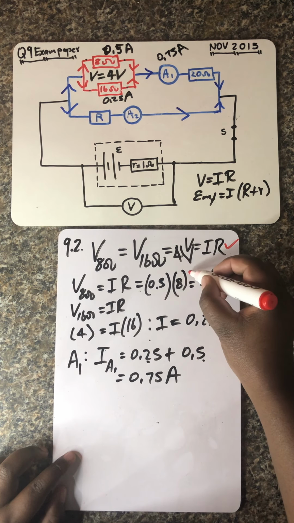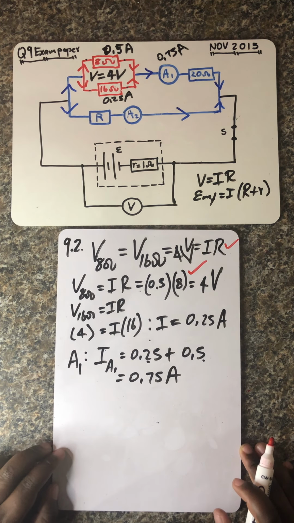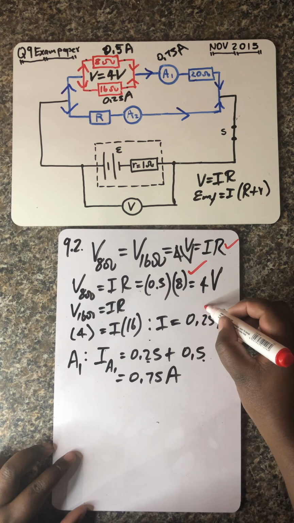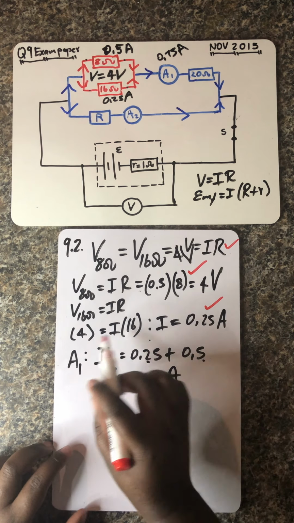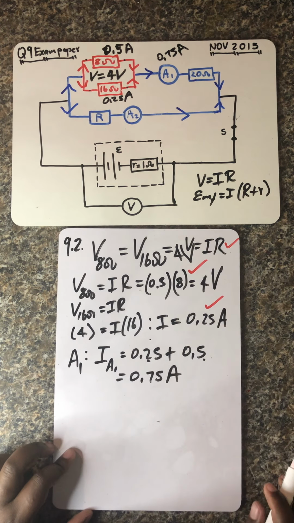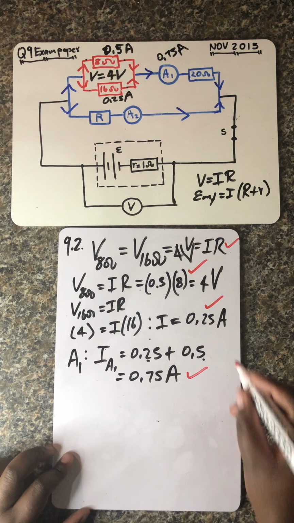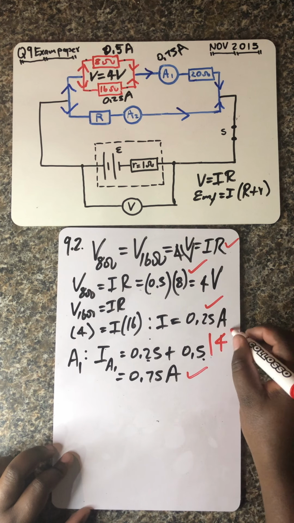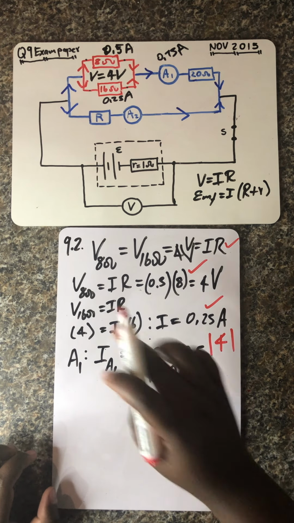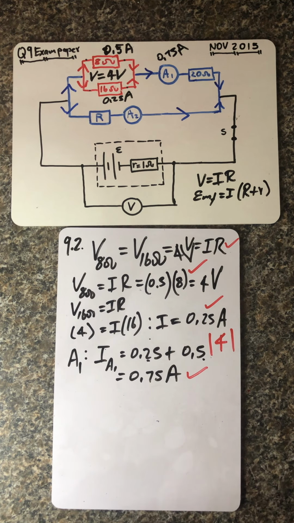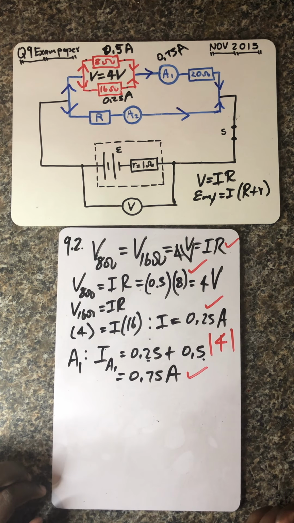The other mark will come from correct substitution, and then from there they give you a mark for calculating the current flowing through the 16 ohms resistor, and your last mark will come from the final answer where you indicate the current flowing through that ammeter. So that means this question is allocated 4 marks. So guys, let's now move to the next question.